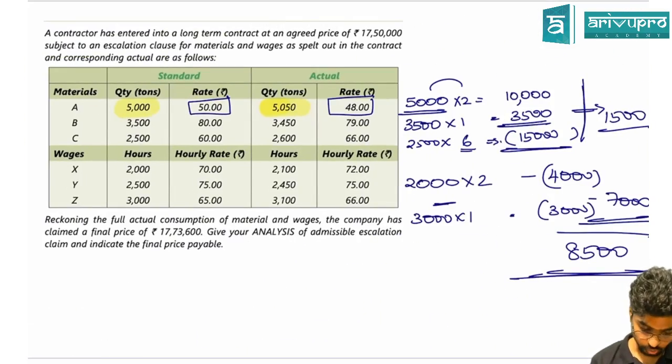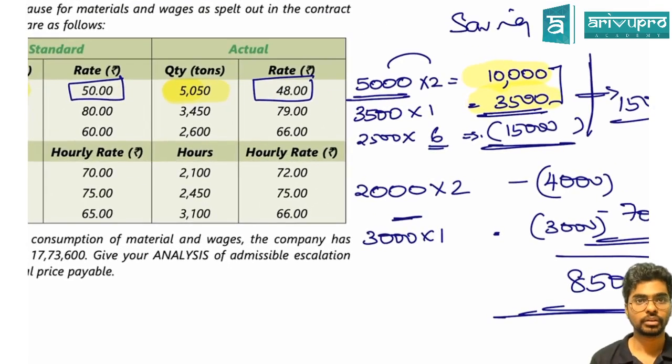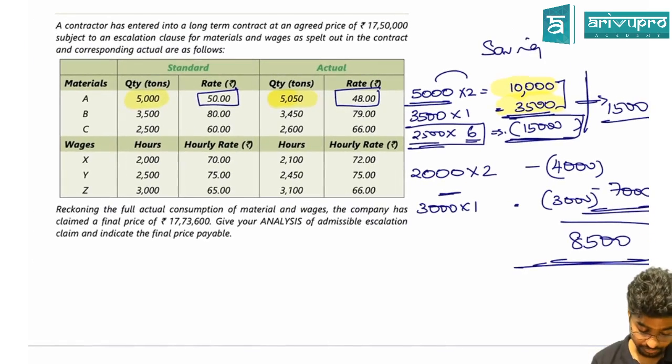The first two, the price was a saving for me, that is 13,500. For the second one, 2,500 into 6, 15,000 rupees I spent more. I have saved, see here. Instead of 50, this guy spent 48. So I saved 2 rupees. 2 rupees for 5,000 kgs, 10,000.